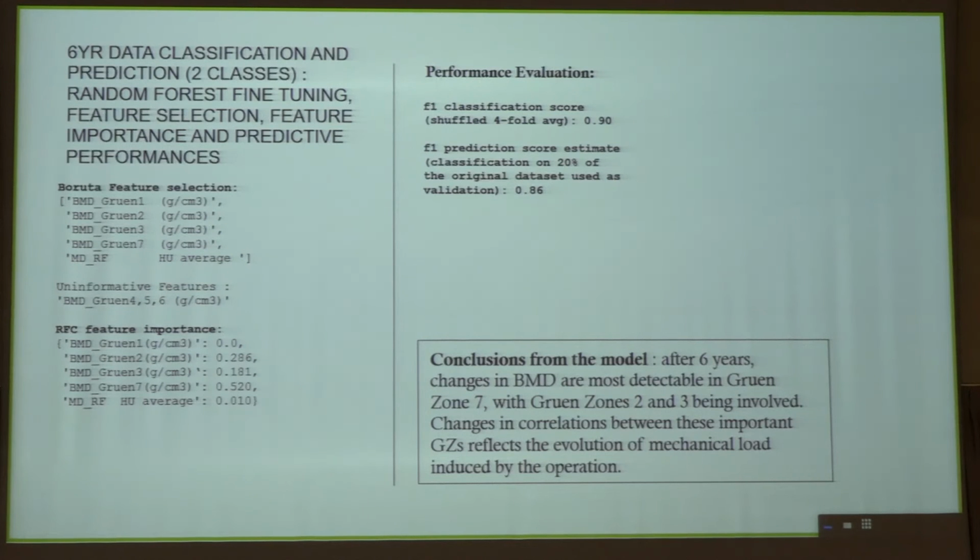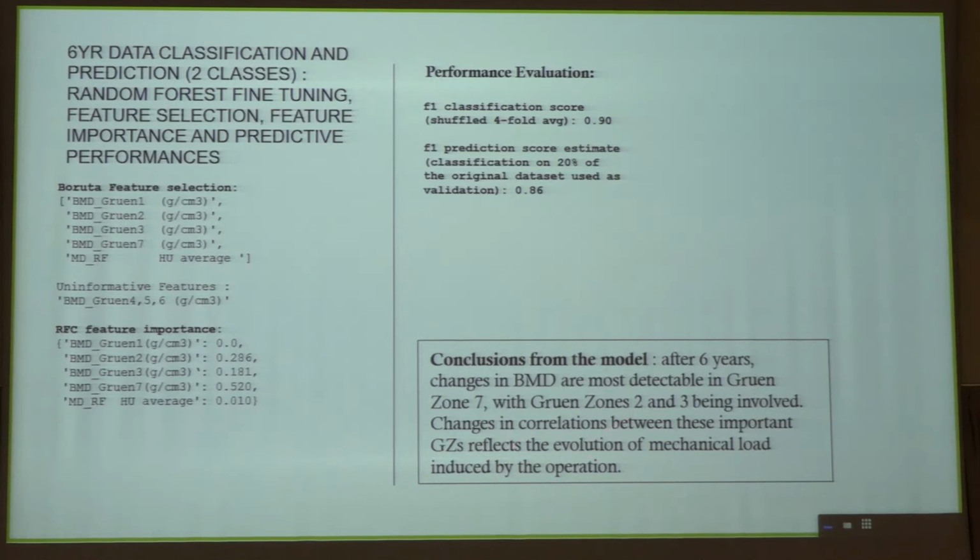Okay, so the random forest model tells exactly the same things that the PCA tells us. We have Gruen zones 2 and 3 that are still important, but most of the information that separates operated from unoperated legs is in Gruen zone 7.